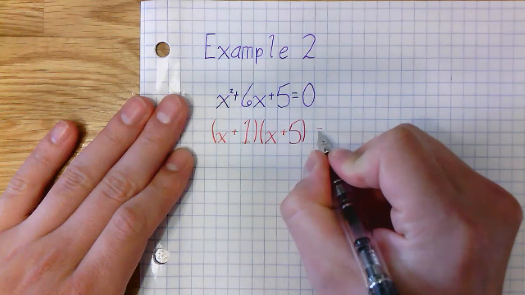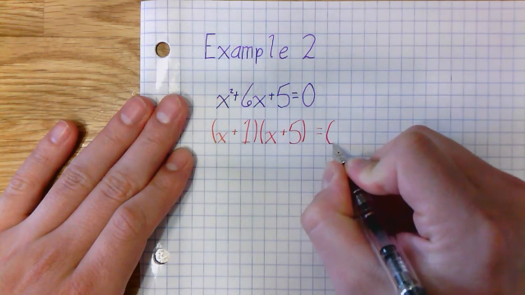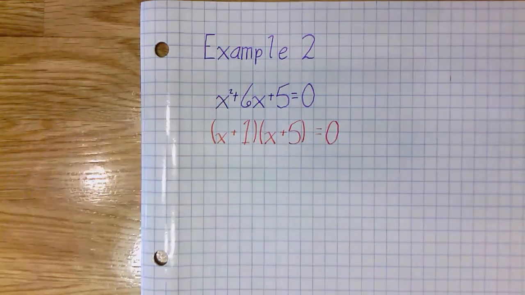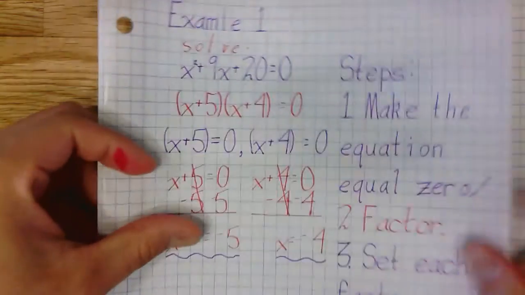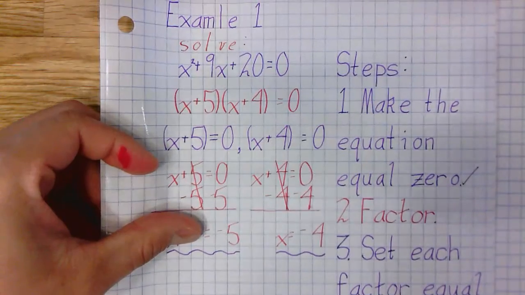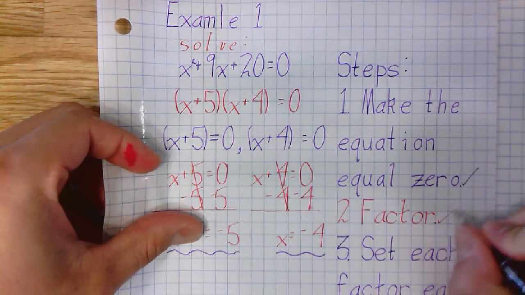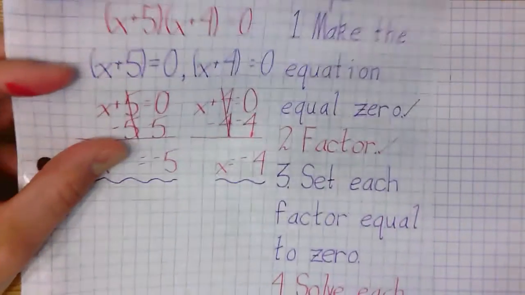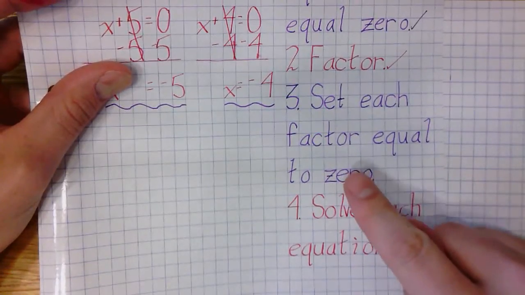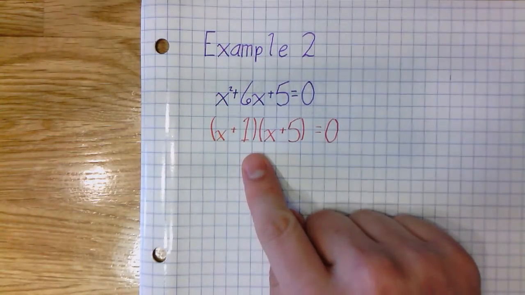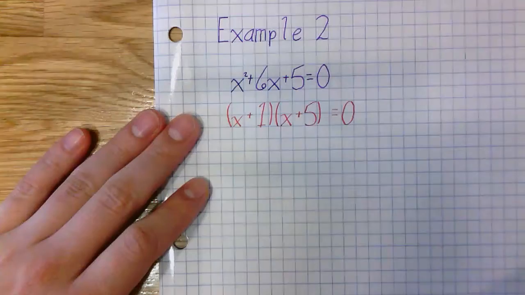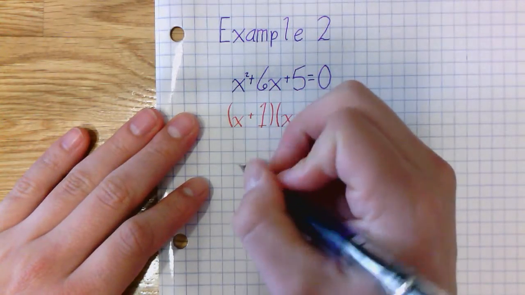So equals 0. There you go. All right, so we finished step 2. We did the factoring, check mark. Okay, step 3 is set each factor equal to 0. So we're going to take these factors and set them equal to 0.